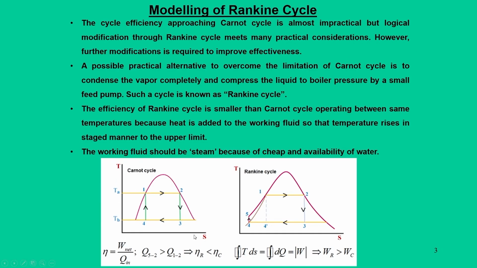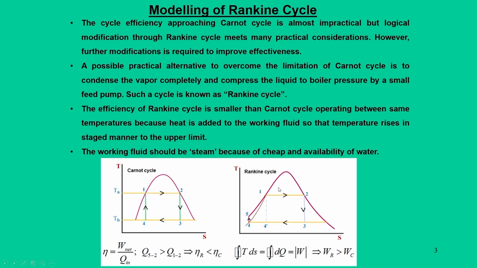If you look at the TS diagram, there are two temperature limits, TA and TB; TA is the upper temperature, TB is the lower temperature, and if a Carnot cycle is to operate on these limits, we can find its efficiency. Since it is a TS diagram, the area under this cycle will give you the net heat transfer. So, the heat addition process in this Carnot cycle is this Q12.